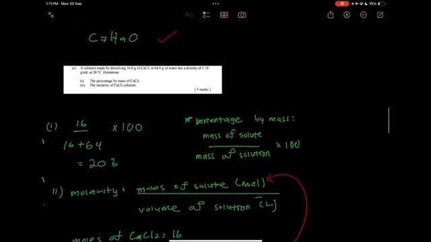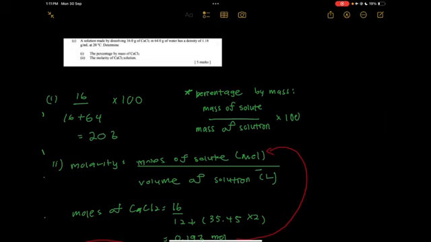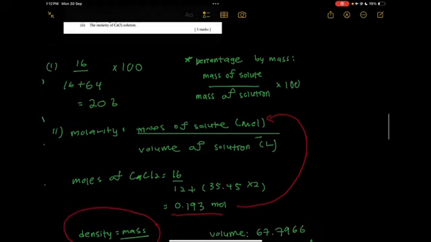How I get it from the question: it mentioned the mass of CaCl2 is 16 gram, and the mass of water is 64 gram. For the solute, we just pick the mass of CaCl2, and for the solution we must take the mass of CaCl2 plus the mass of water. So this is how I get it.